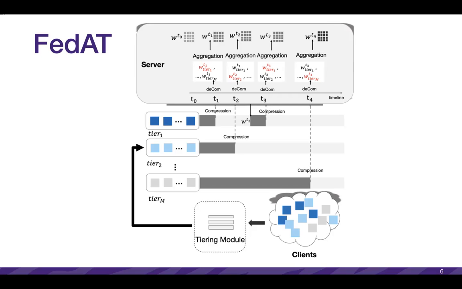And at time T2, the second tier can upload their local models to the server, and the server does another global aggregation. And then the server can send the global model back to the ready tier. In this figure, the ready tier is tier 1. So tier 1 can do another round of training.